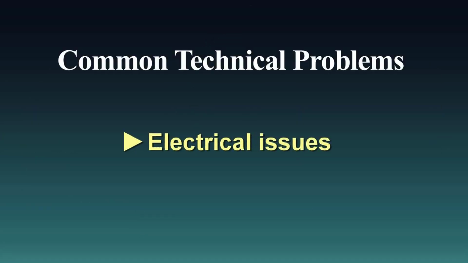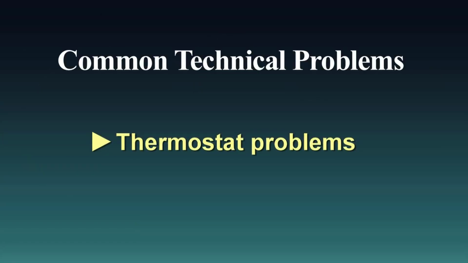Electrical issues. Heaters rely on electrical connections for power. Electrical problems such as loose connections, faulty wiring, or tripped circuit breakers can cause the heater to stop working or not function correctly. Thermostat problem.